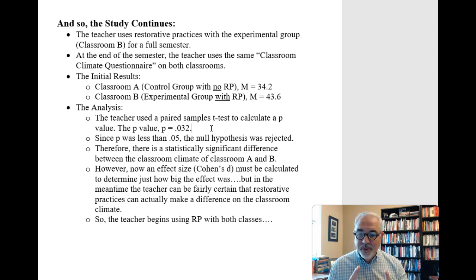So what do we do when it's less than 0.05? We can reject the null hypothesis. Remember, the null hypothesis said there is no difference. It was a statement of equality, essentially. There is no difference, and we're rejecting that. We're saying that there is a statistically significant difference between the classroom climate of Classroom A and Classroom B.